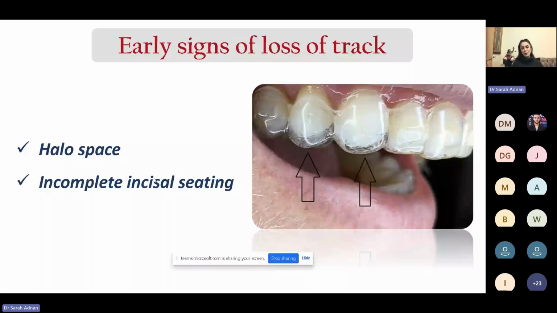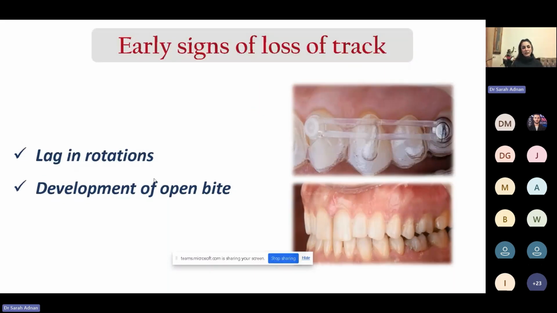Another sign of loss of track is lag in rotation. Rotational tooth movement is one of the most complicated tooth movements in aligners. Why is that? Because aligners are generally plastic material. It does not offer very good control over the tooth to produce a rotational tooth movement.